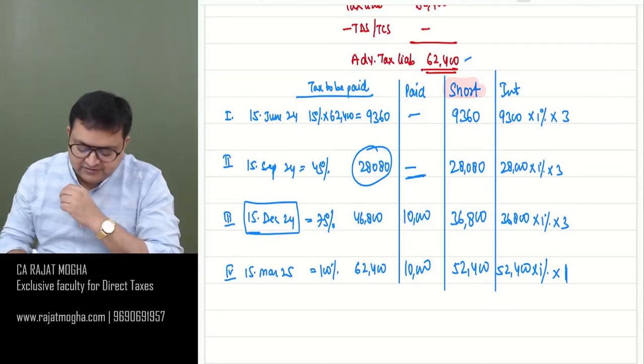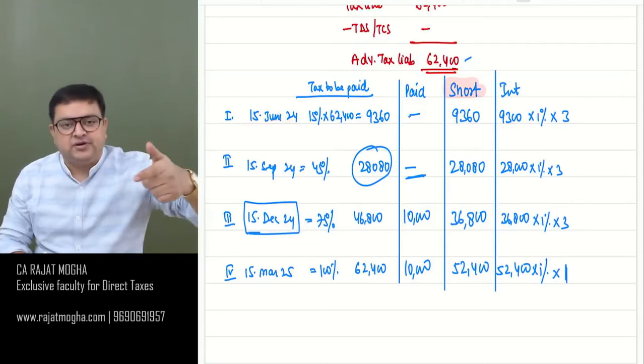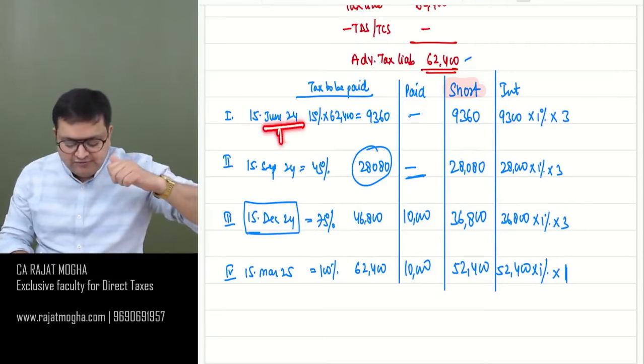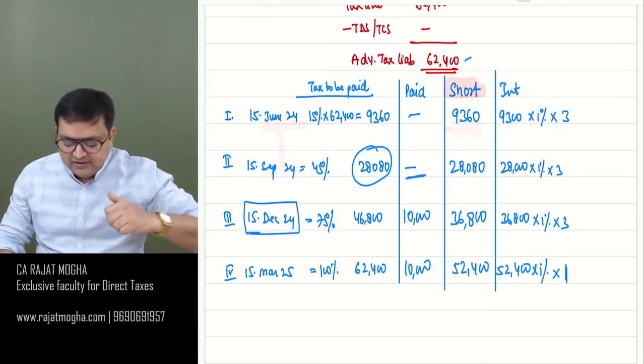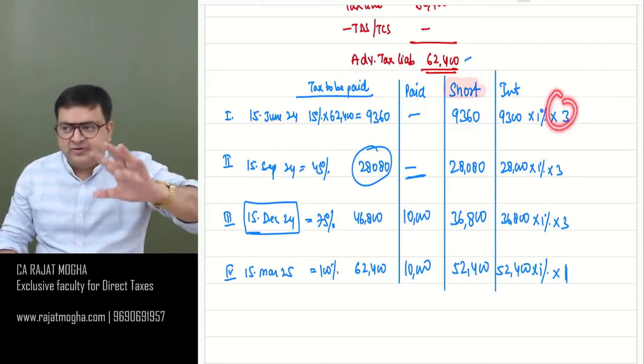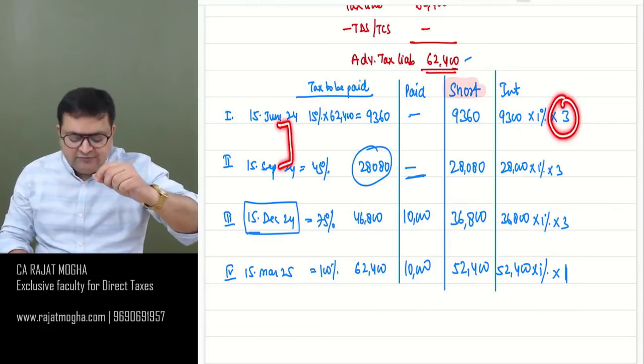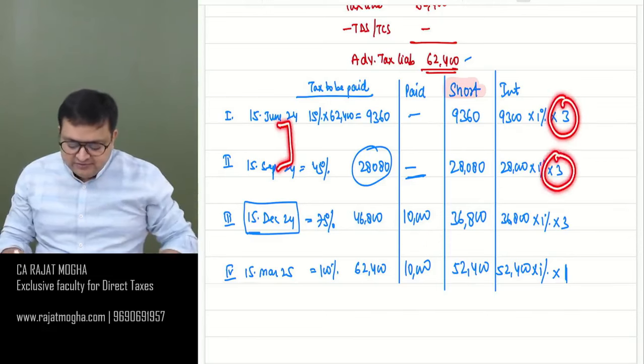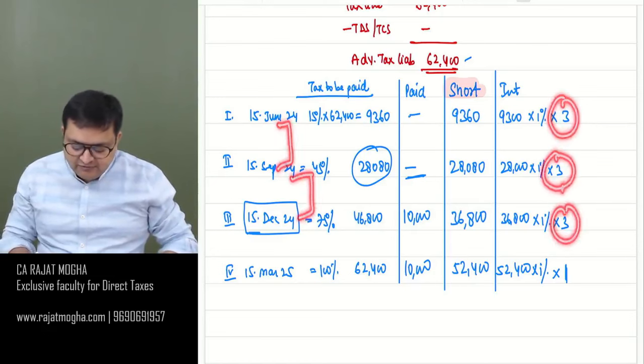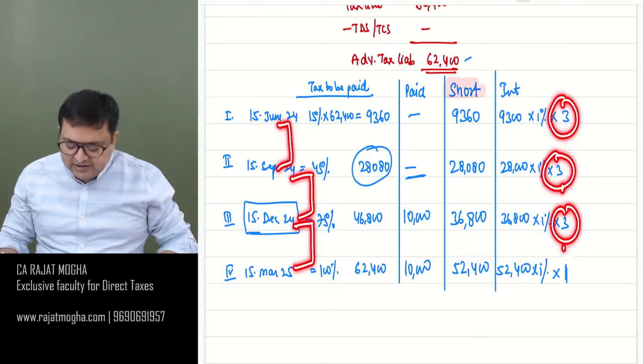See, government first needs your money from 15th June. From 15th June till 15th September, if you have not paid this, 3 months. This 3 months is actually from 15th June till 15th September. This 3 months is from 15th September to 15th December. This 3 months is from 15th December to 15th March.